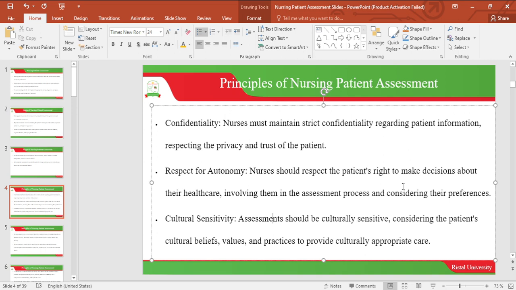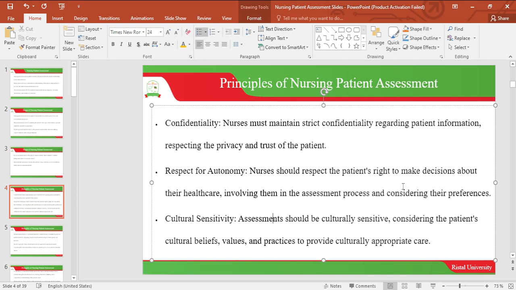Principle number 3 is cultural sensitivity. Assessment should be culturally sensitive, considering the patient's cultural beliefs, values, and practices to provide culturally appropriate care. What do we mean by this?